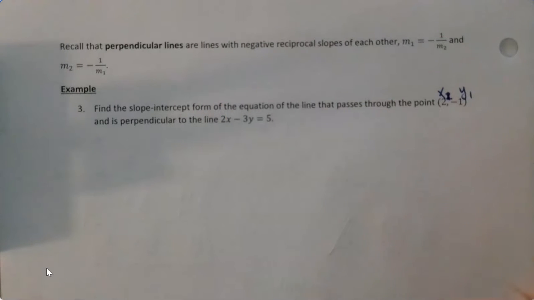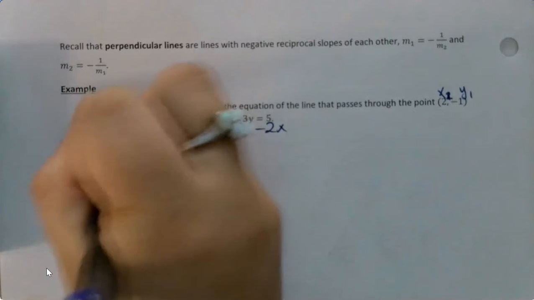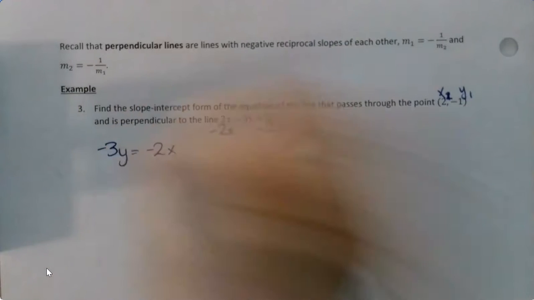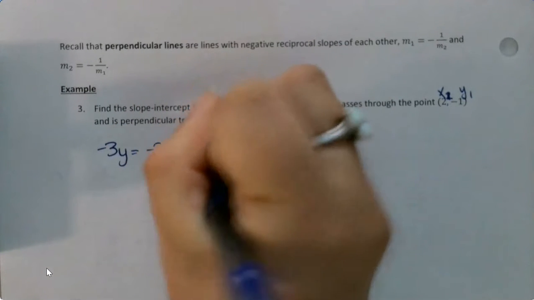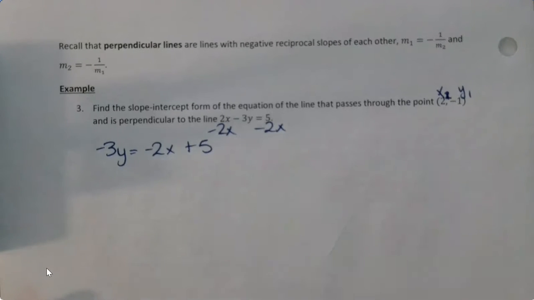So what I want to do is go ahead and get y alone. It's the same line. So I'm going to subtract 2x on both sides. I get negative 3y equals negative 2x plus 5. Okay.